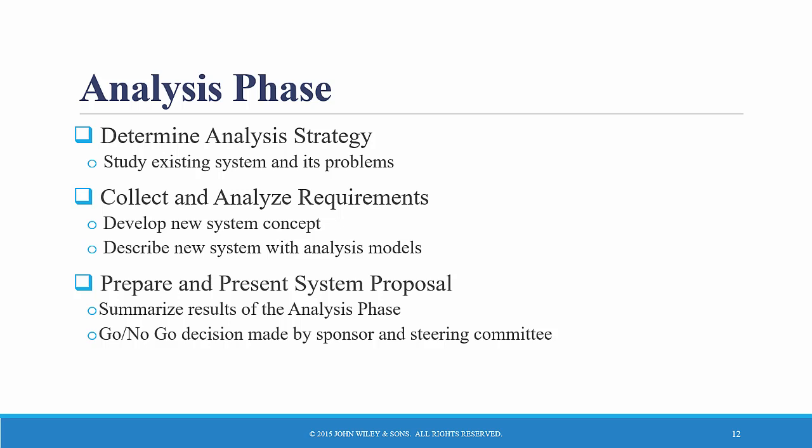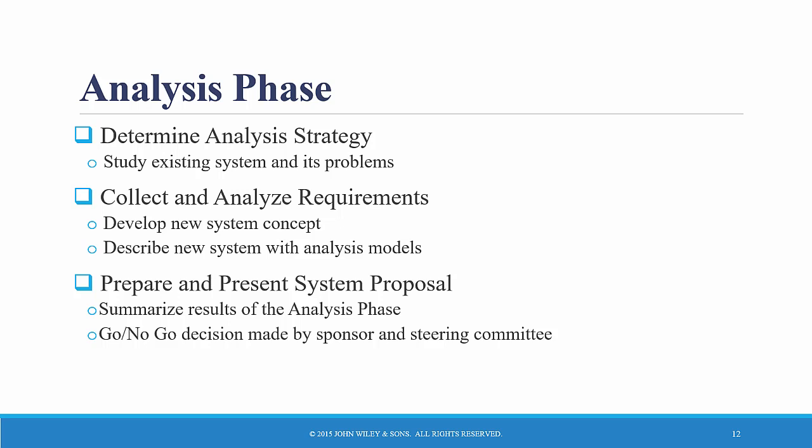That is, who will use the system, what will the system do, where will it do it, and when will it be used. The project team might investigate current systems and identify improvement opportunities, or they may develop a concept for an entirely new system. This phase, the analysis phase, has at least 3 steps.